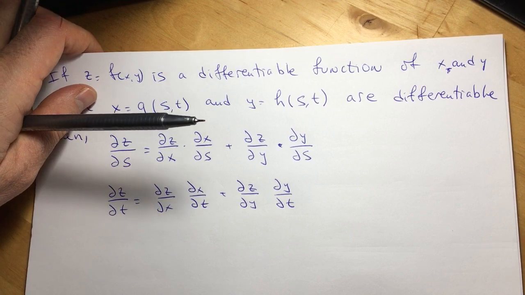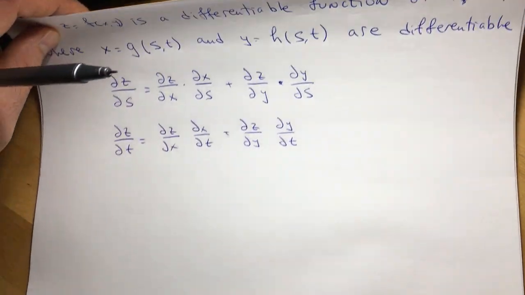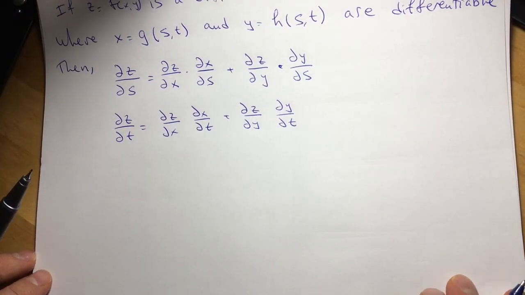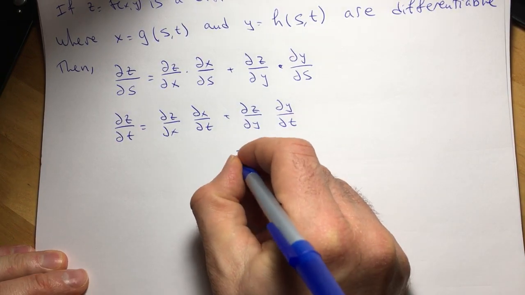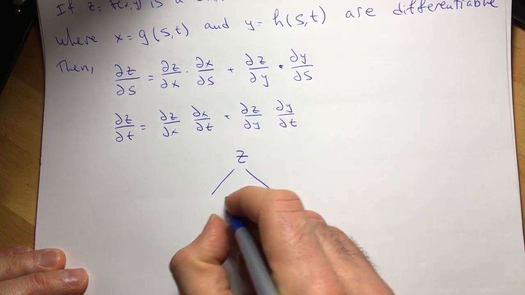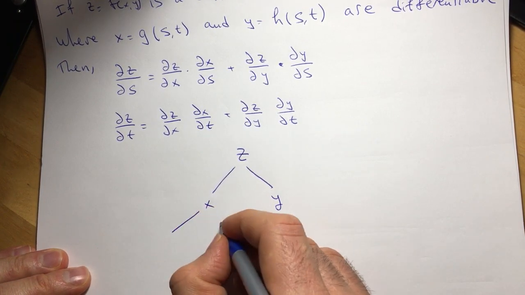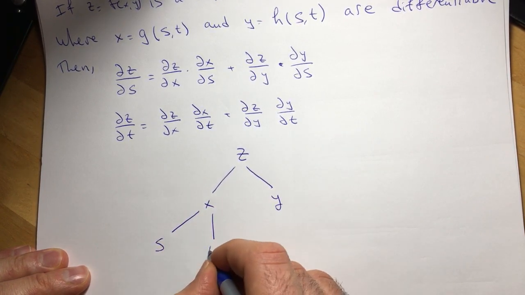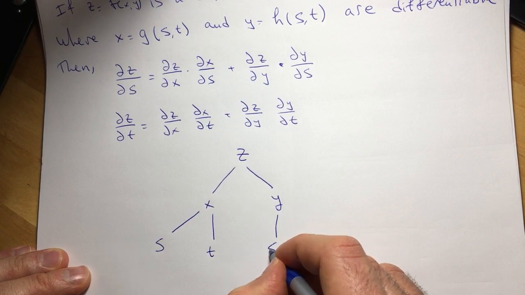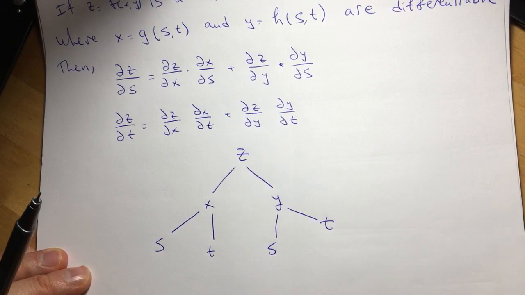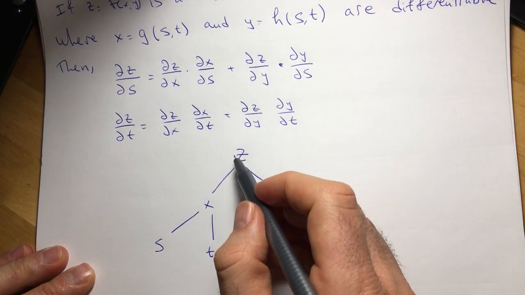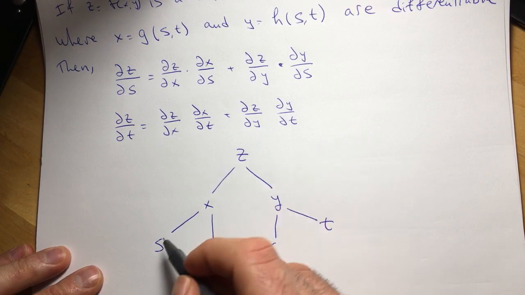So looking back at that tree that we sketched for the first case, here we have z depending on two variables x and y, and each of these two variables depend on s and t. Then how are we going to get to partial z partial s?